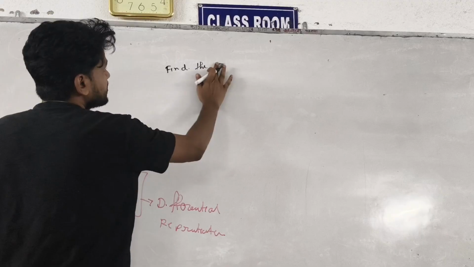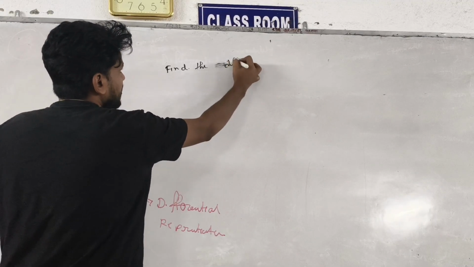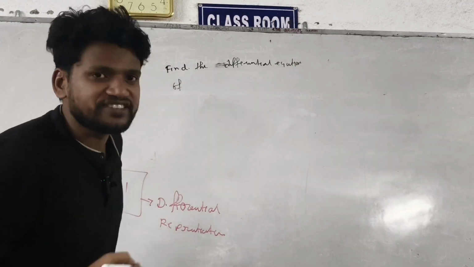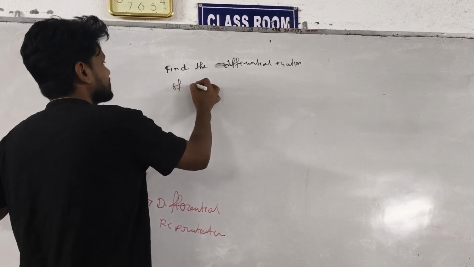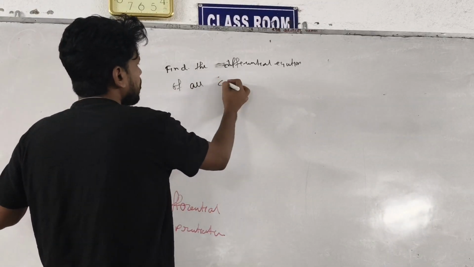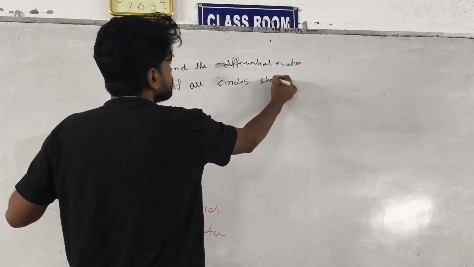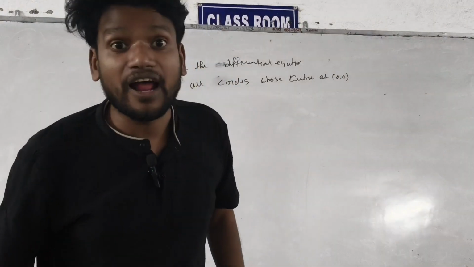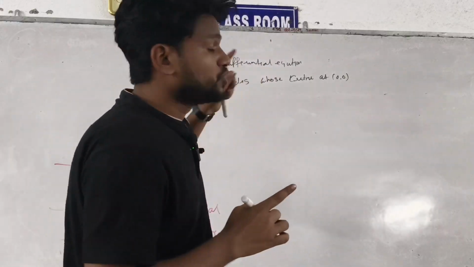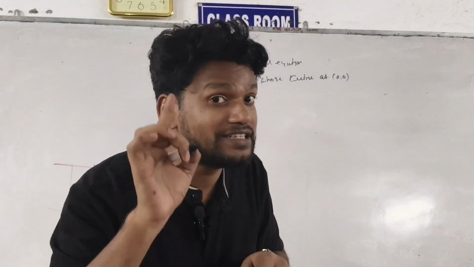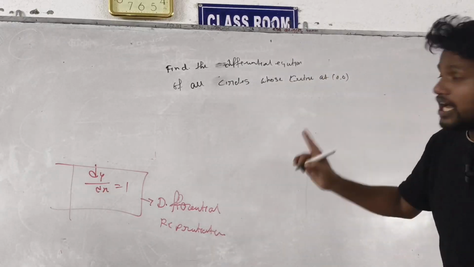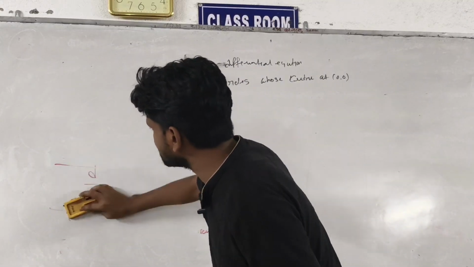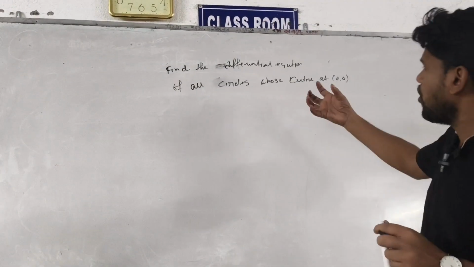Find the differential equation of all circles whose center is at the origin. First I try to write the Cartesian form of all circles whose center is at the origin.